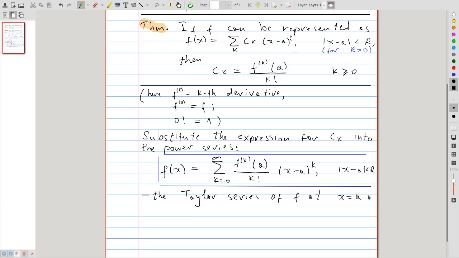This formula is named after Taylor, the mathematician who arrived at it sometime in the 17th century.